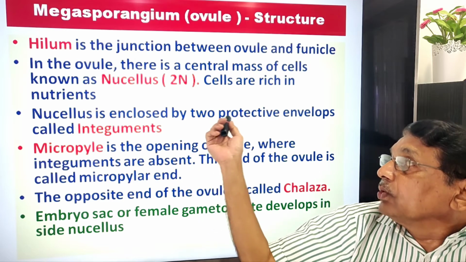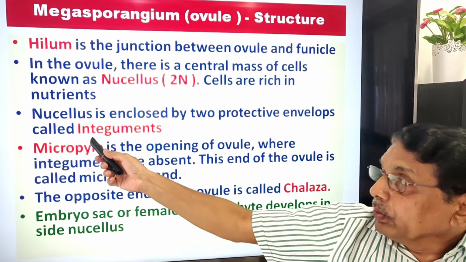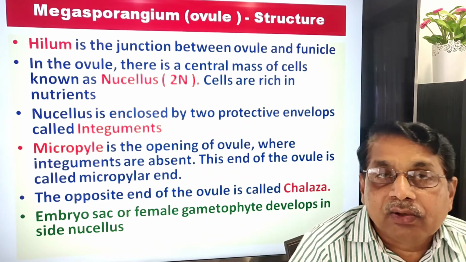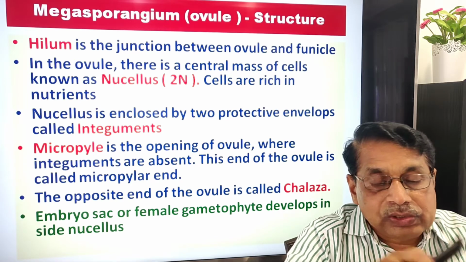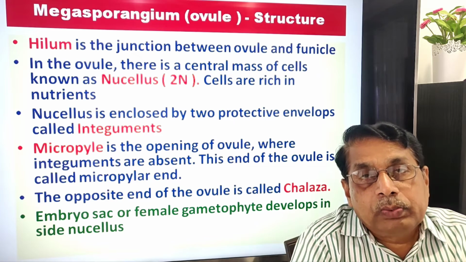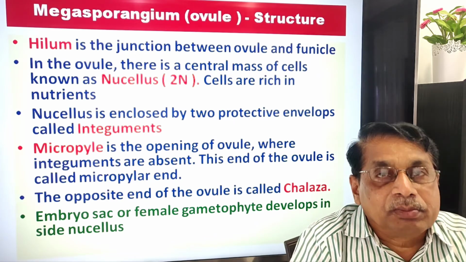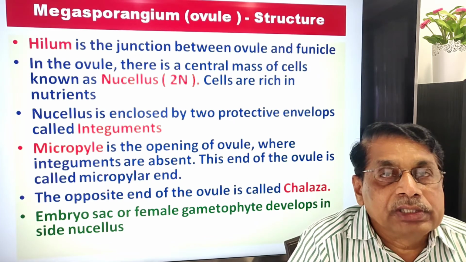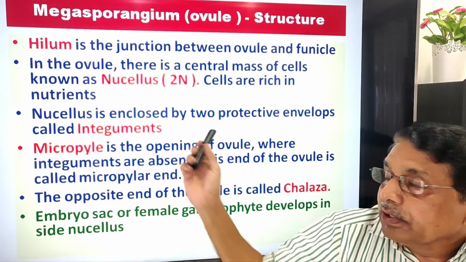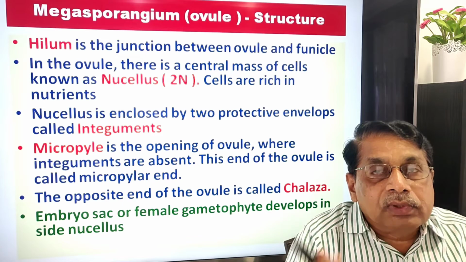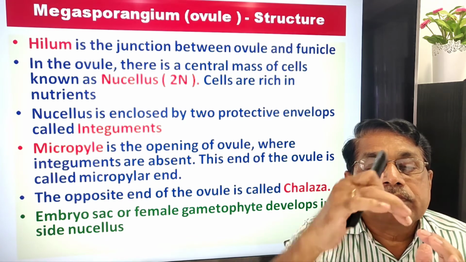Nucellus is enclosed by 2 protective envelopes called integuments. In the center there is nucellus. Outer integument, inner integument. Micropyle is the opening of the ovule. If this is the ovule, there will be an opening.